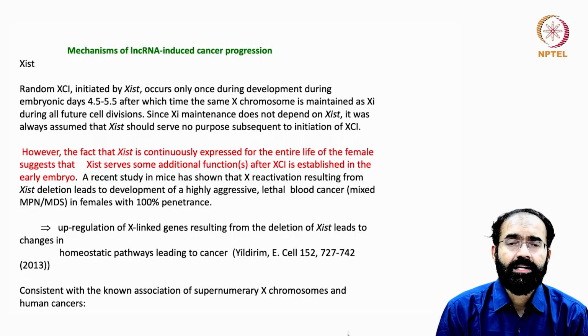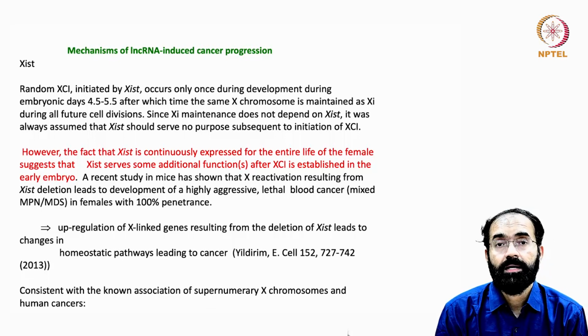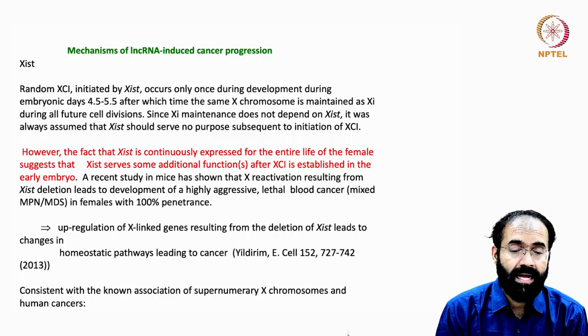The other non-coding RNA is Xist, which we have studied properly. That is helpful in X chromosome inactivation, and it is initiated by the X inactive specific transcript, and it occurs only once during embryonic development, at around 4.5 to 5.5 days.